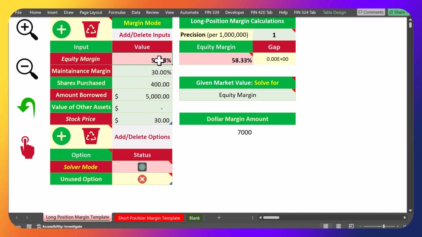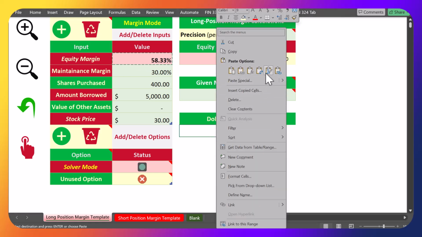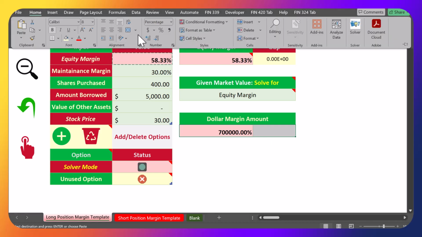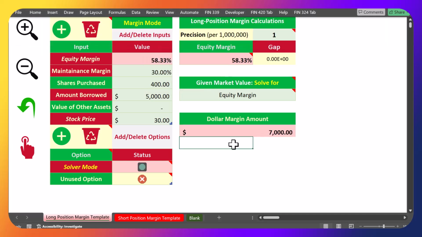Let's give that a pink format, and make it dollar. So her margin amount is $7,000. Margin means how much value there is left in your account after the borrowing.